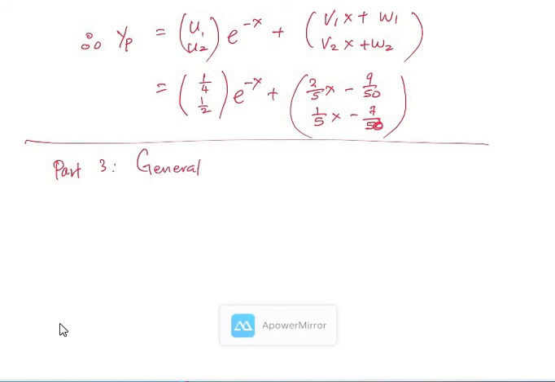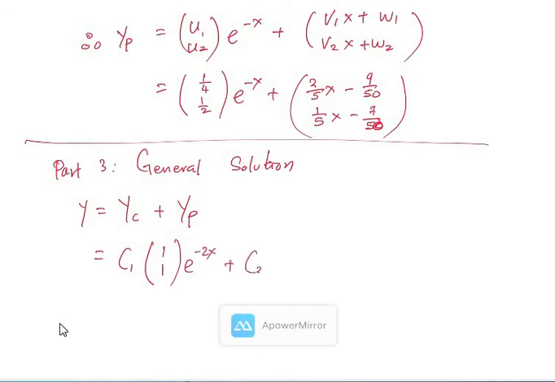It's almost towards the end. The general solution is y equal to yc plus yp. Yc, just now from the first part, we get C1 times (1, 1) e to the power negative 2x plus C2 times (1, negative 2) e to the power negative 5x plus, okay, the yp, so you copy down the whole thing here.